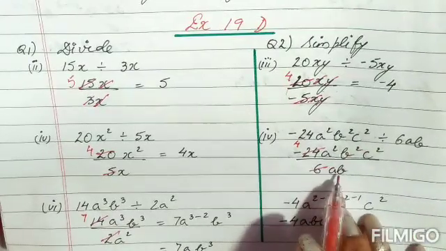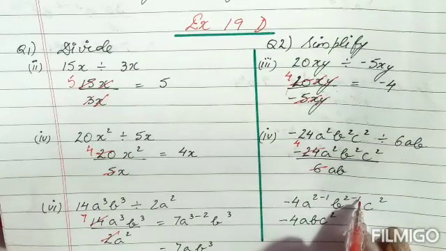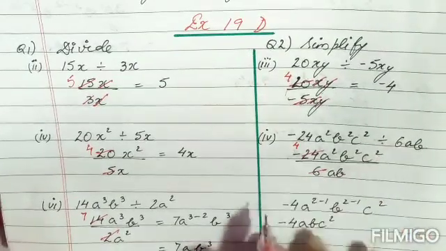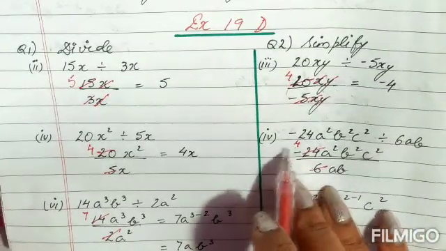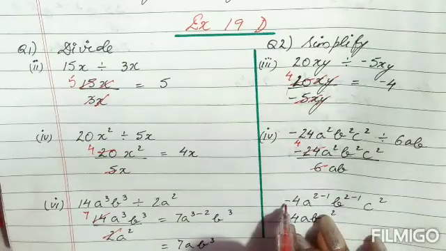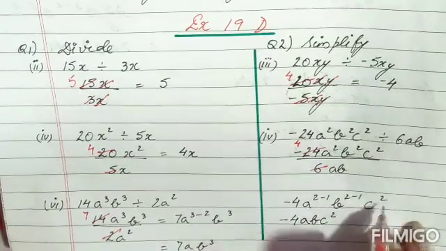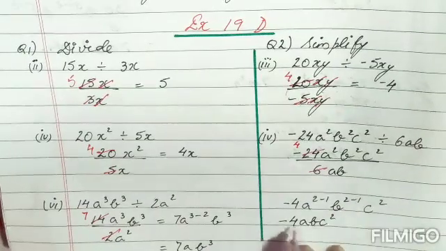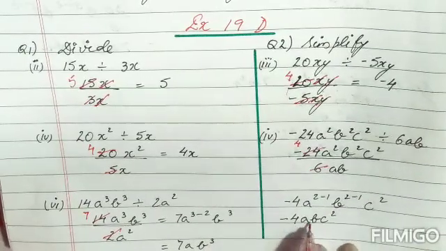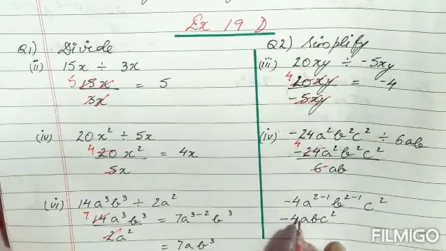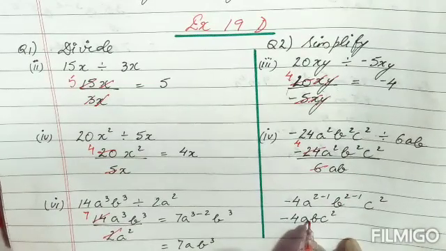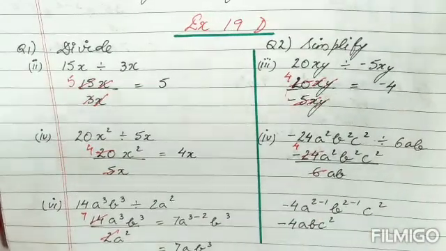Again b to the power 2 and b is 1 here. So b to the power 2 minus 1 and c squared. Right? A plus and a minus, I have told you with the answer, we have to put a minus sign, so that minus is there. Now reduce them, subtract them, and get the answer as minus 4. A to the power 1 is written as a, b to the power 1 is b, and c squared. So this is the answer.